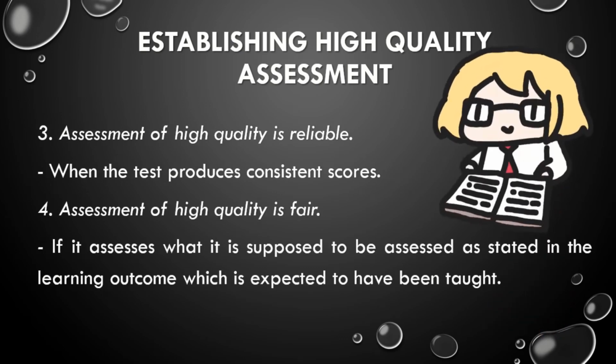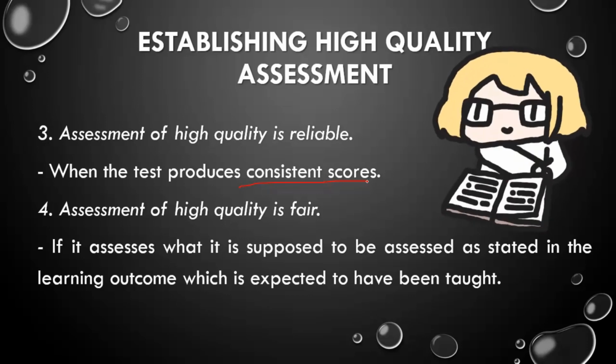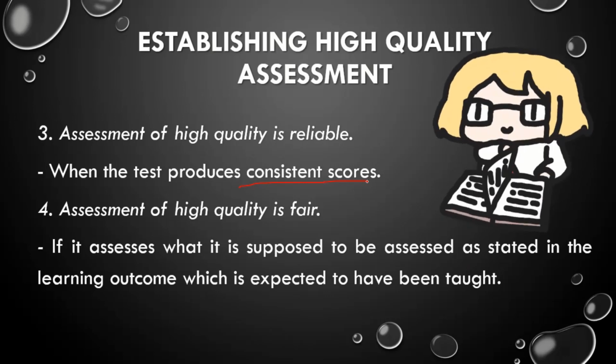Next is number three, assessment of high quality is reliable. Assessment is reliable when the test produces consistent scores. So if you give a retest in math and find out that those who got high scores in the first take also got high scores in the second take of the same test, and those who got low scores in the first take also got low scores in the retest, then we can conclude that the assessment is reliable.